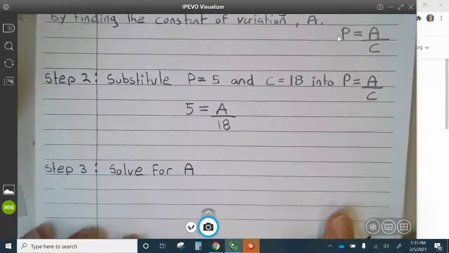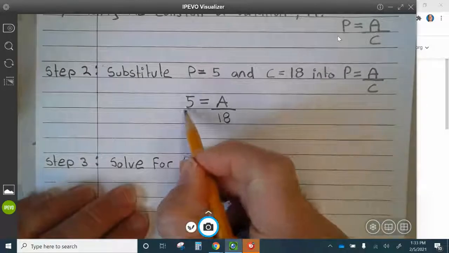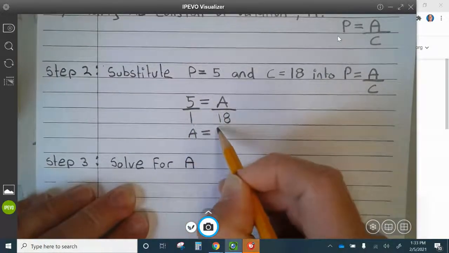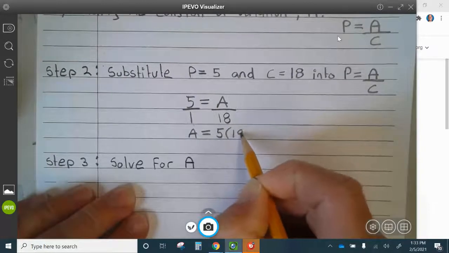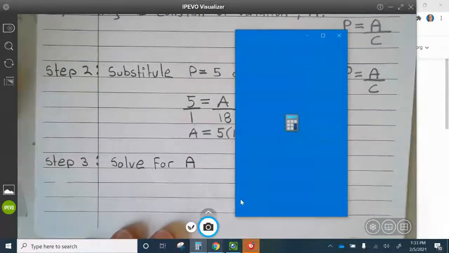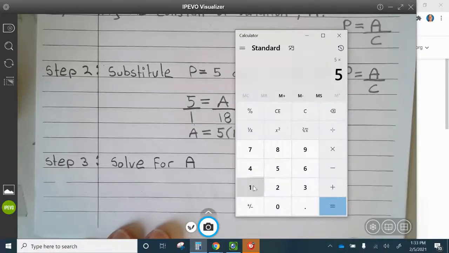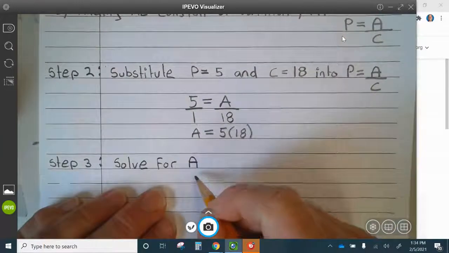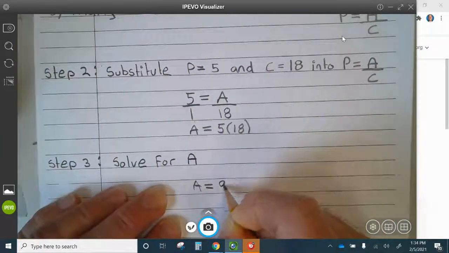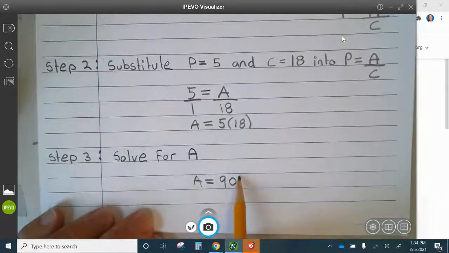Okay. Step 3, we're going to solve for A. 1 times A is A. 5 times 18, and we can just use a basic calculator for 5 times 18, is 90. So A equals 90.